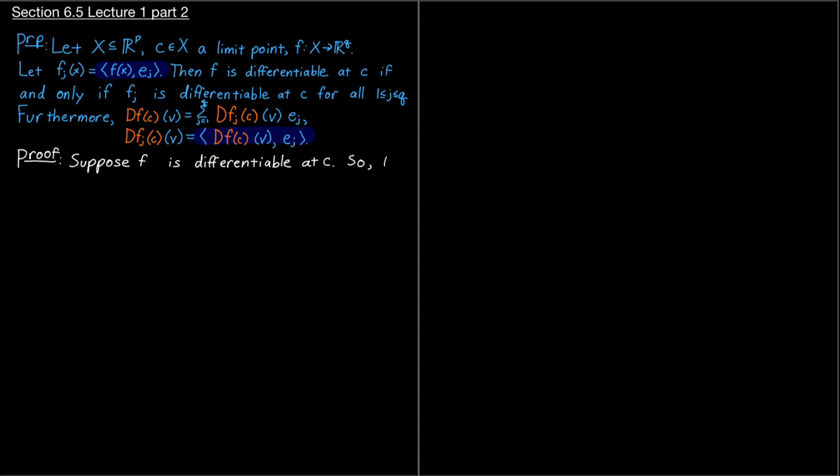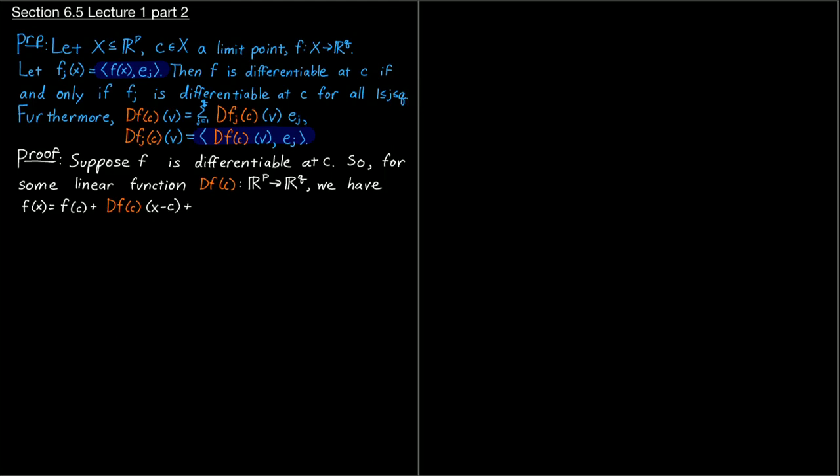So for some linear operator, remember we named that linear operator df of c, whose domain is Rp and whose range is Rq. We have, we'll write it like this, f of x is equal to f of c plus our linear operator evaluated at the vector x minus c.